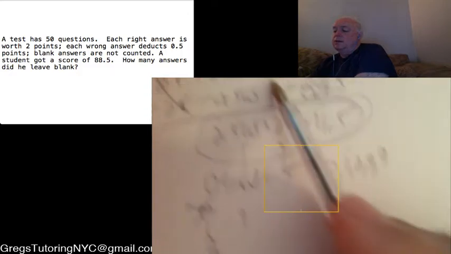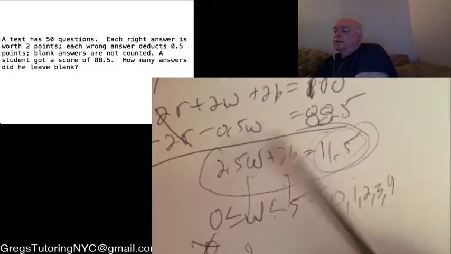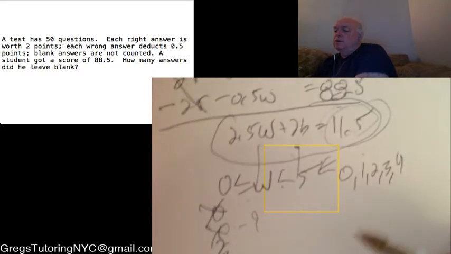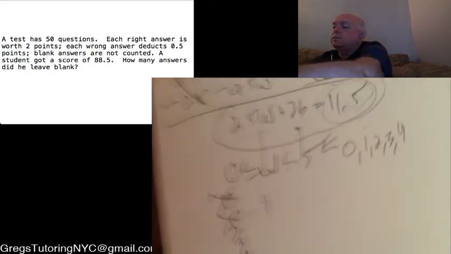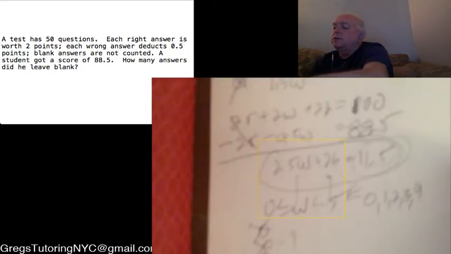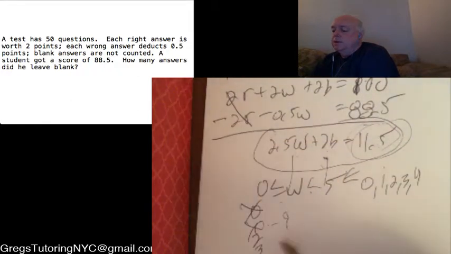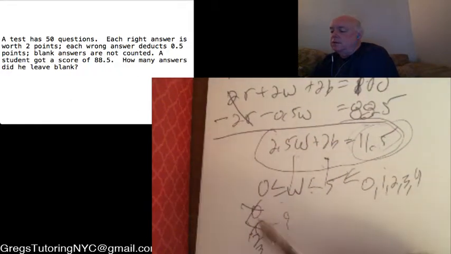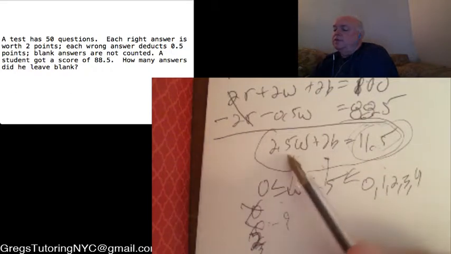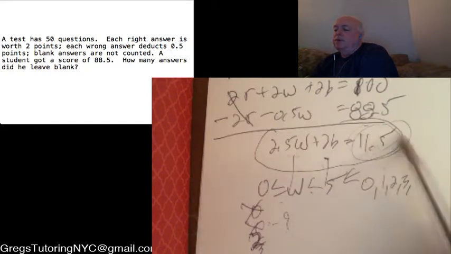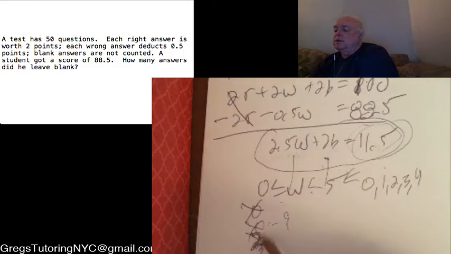Since it's 2B, 9 is not evenly divisible by 2, so it can't be 1 either. Let me bring this up slightly higher so we have more of this on the screen at one time. If W is 2, we get 5, and we end up with that 0.5 stuck in the middle. So it can't be 2 either.